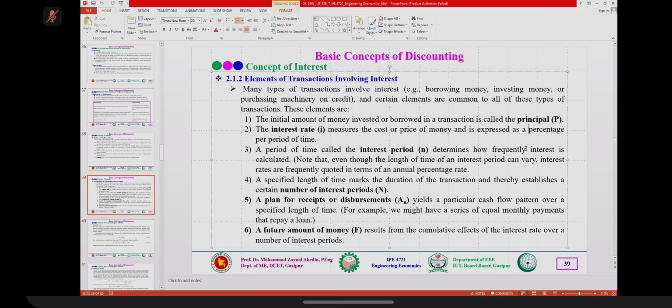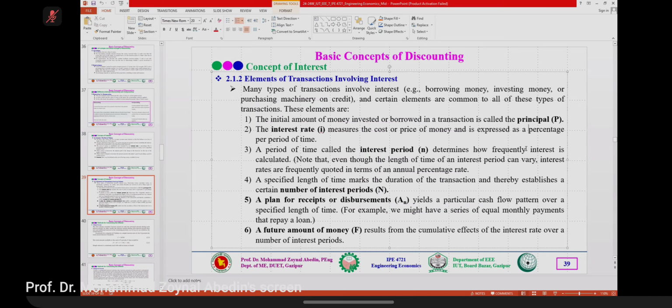Number 6, a future amount of money F results from the cumulative effects of the interest rate over a number of interest periods. So, for example, initially you invested capital P, and it has some interest rate, interest period and total number of periods, and finally you will get the future money capital F. Keep in mind that P is the initial investment principal, and F is the future money.